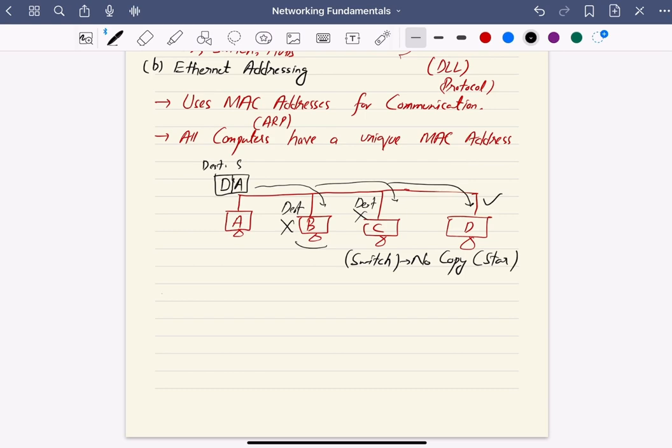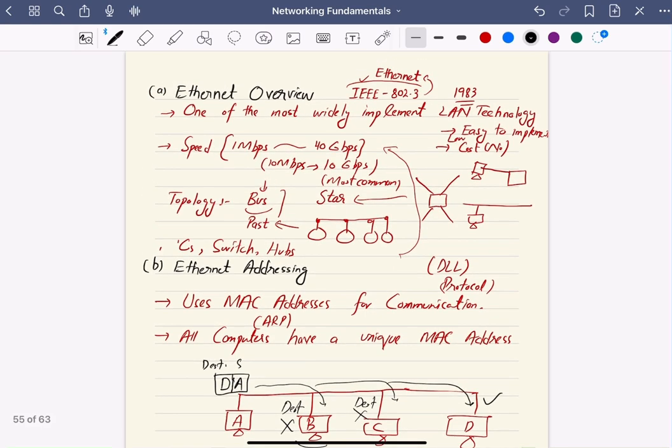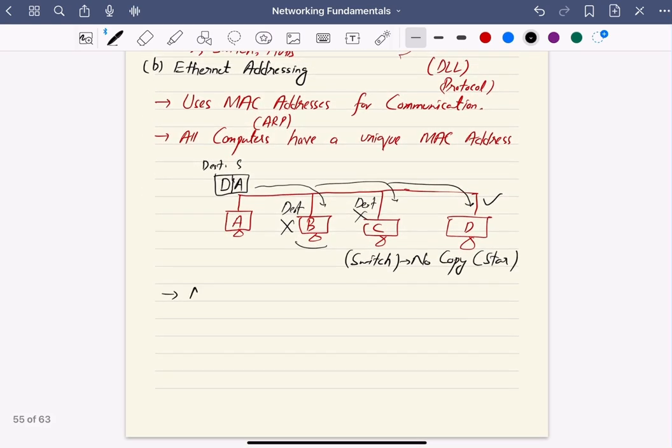Very importantly, in Ethernet there is no acknowledgement from the receiver. For example, when the sender A sends a message to D, D will not send an acknowledgement.